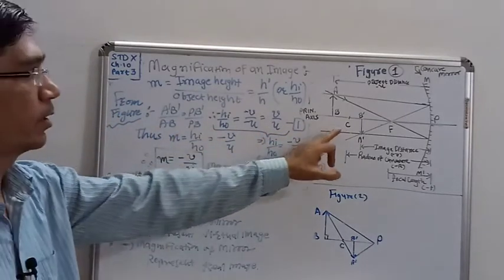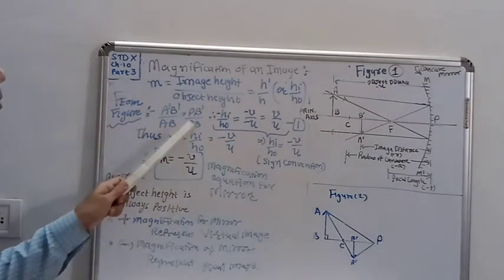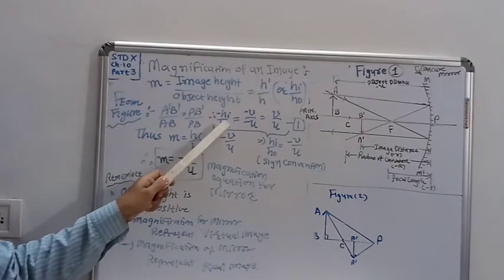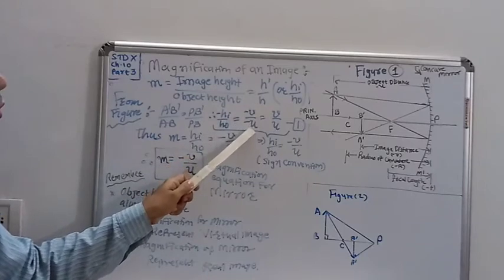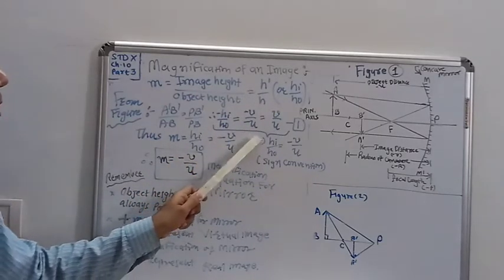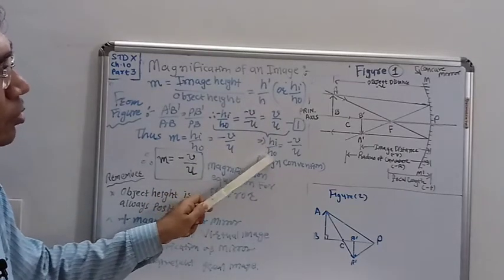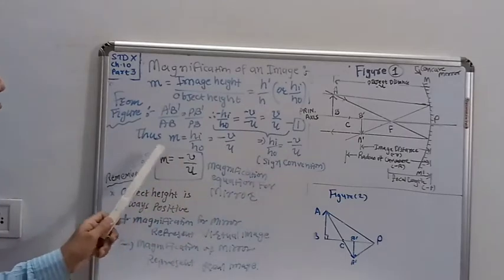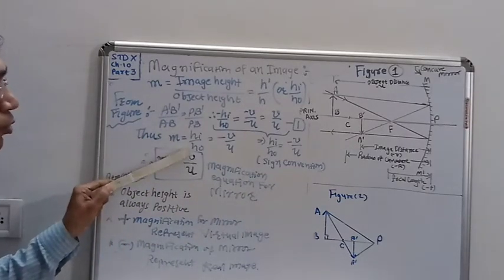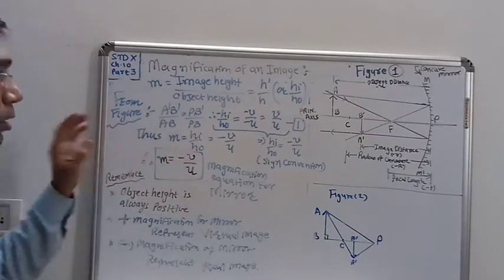So from this figure we can say that A'B' upon AB is equal to PB' upon PB. So minus hi upon ho is equal to minus v upon u as per the sign convention, which is equal to v upon u. So hi upon ho is equal to minus v upon u. So magnification is given by hi upon ho is equal to minus v upon u for the mirror.